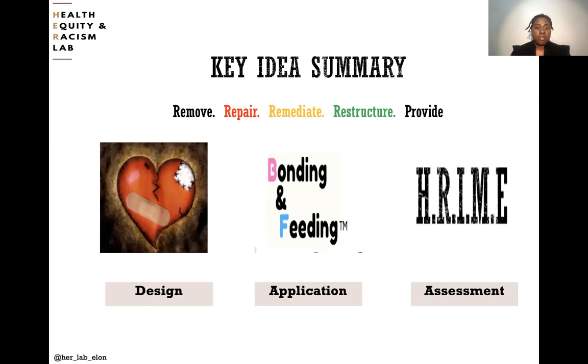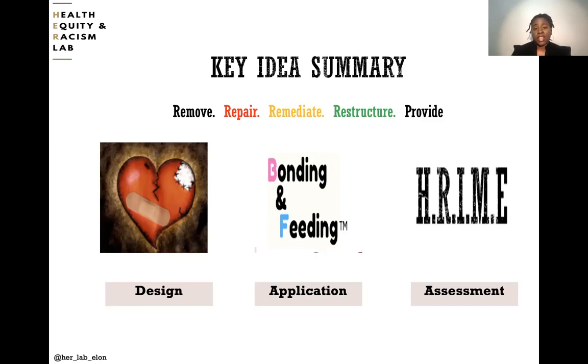And so another important thing to say about R4P is that it is a framework that can be used within the field of public health, across the multiple avenues that we have. So it can be used within research, it can be used for evaluation, it can be used to plan a program. As a researcher, if you want to use the R4P framework, you can create questions on your interview guide that factor in the different critical questions you might ask in remove, repair, remediate, or restructure.